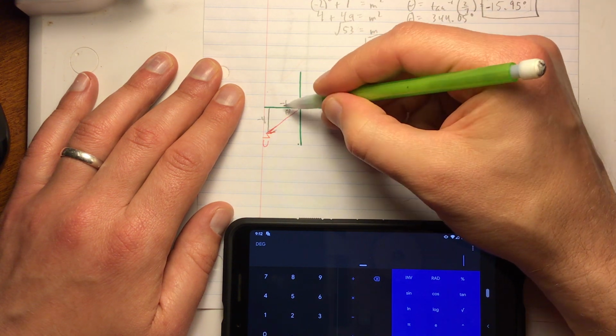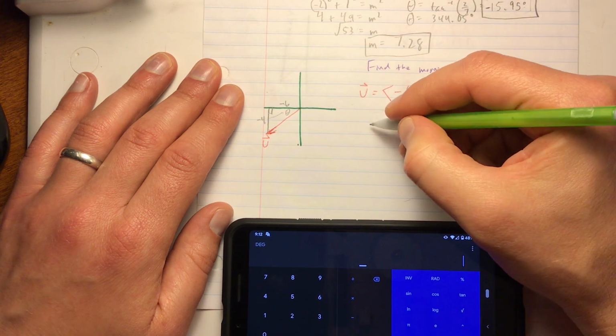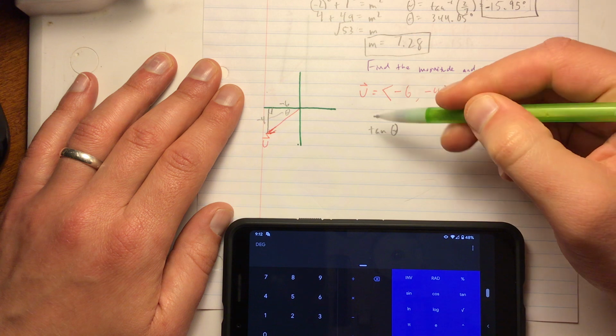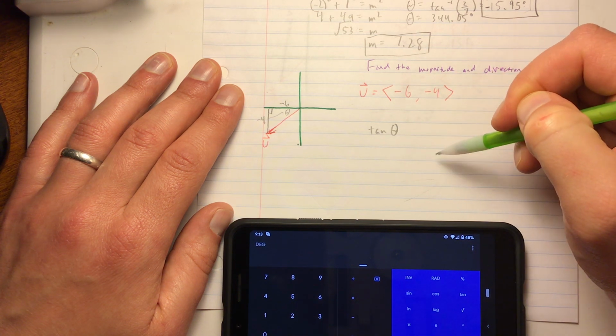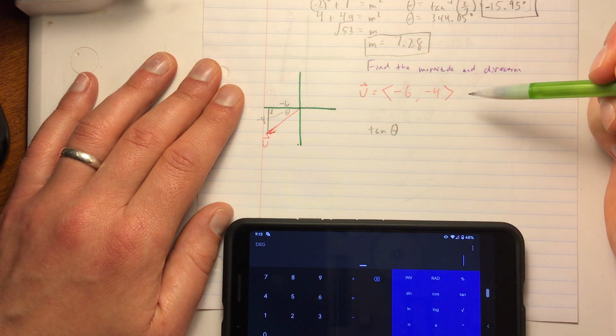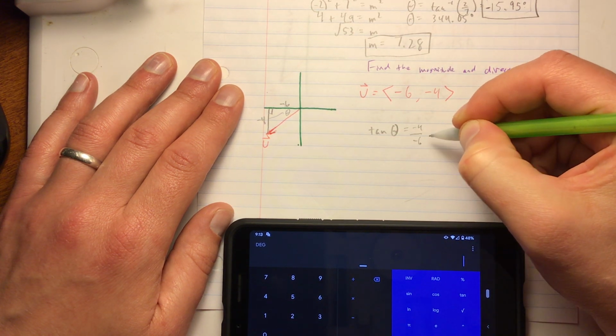That's the opposite. That's the adjacent, so I got to use tangent. And in truth, you're always going to be using tangent. Always. And you're always going to be putting the y-coordinate over the x-coordinate. So a tangent of -4 over -6.